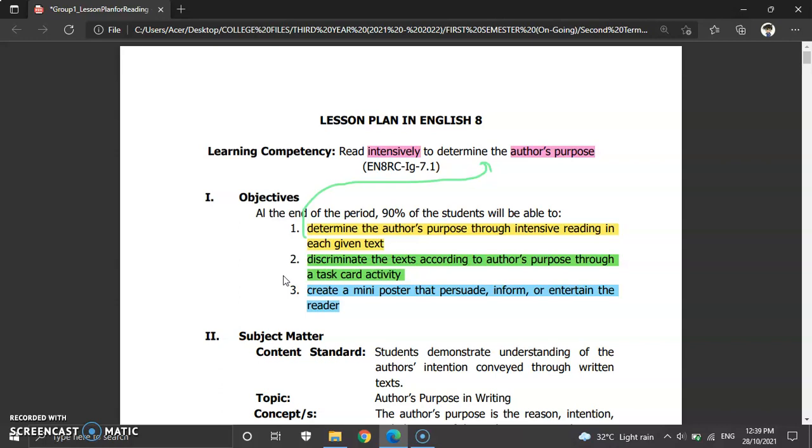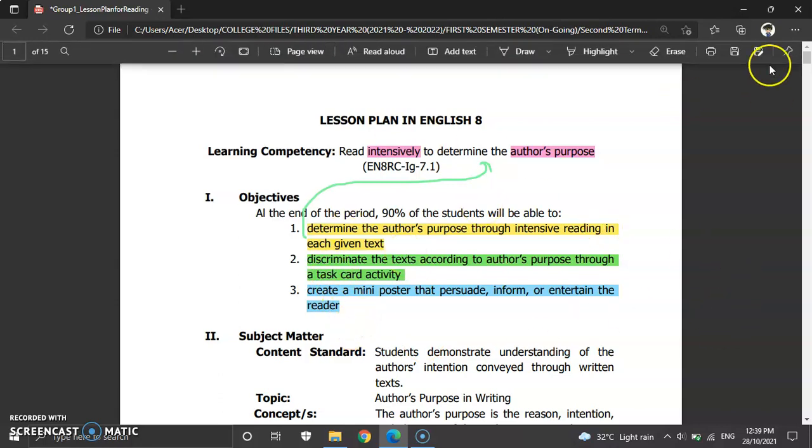As I mentioned, it will be achieved in the application part. And the third one is the psychomotor, or the skill. As Dr. Sitting said, this is our culminating activity that the students will do after they discuss and after some activities. This will be the skill that the students will get from the lesson.